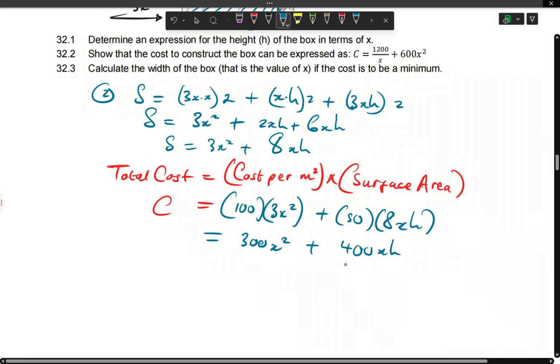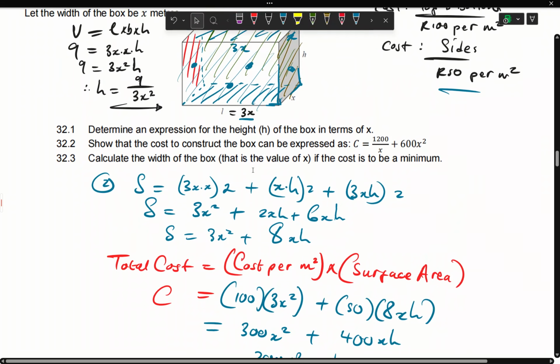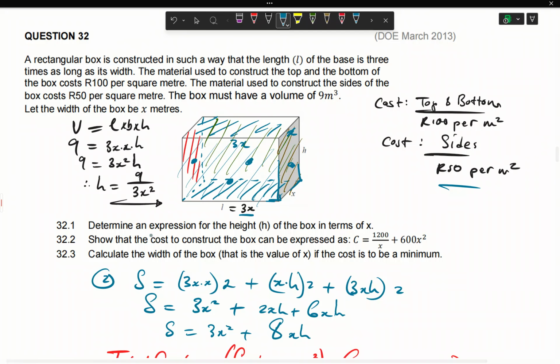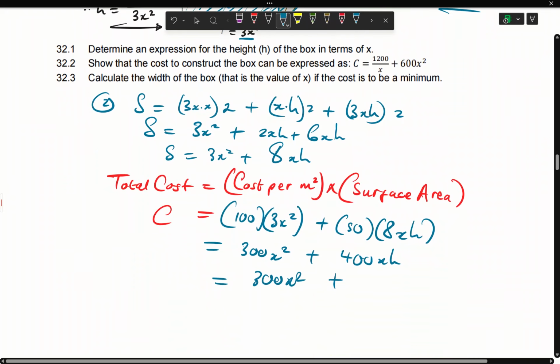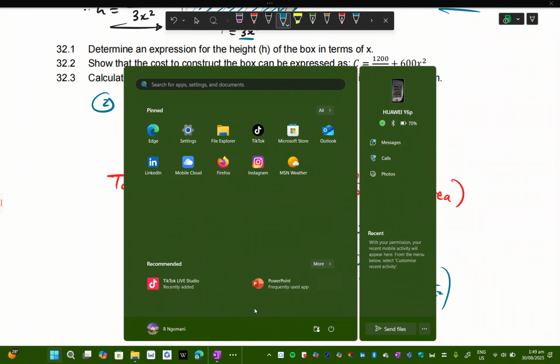But remember, we have an expression for h now. Since we have an expression for h, let me say 300 x squared plus this part. Let's go back there. This is 9 all over 3x squared. So 400 x times 9 all over 3x squared. Now let me see what that is.